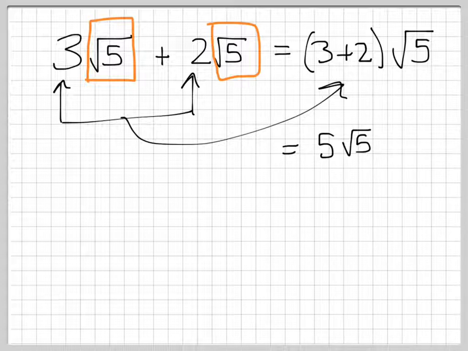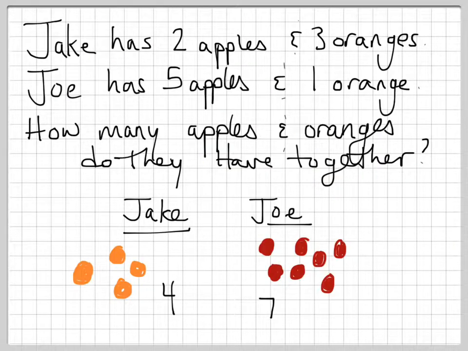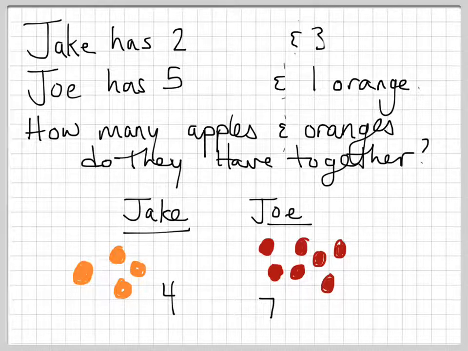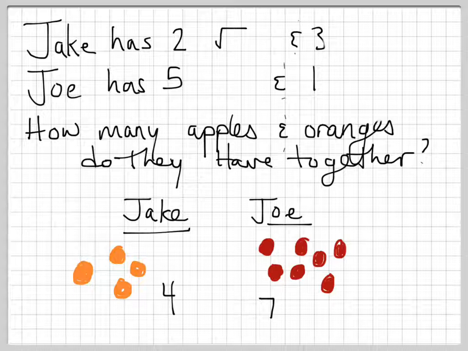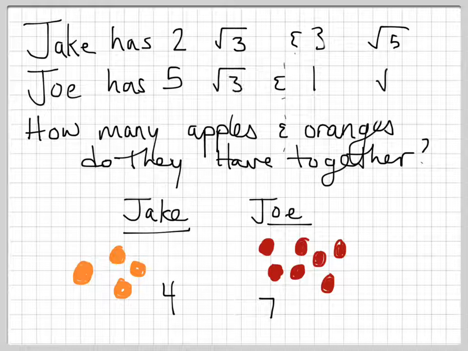right? And this is important because if we go back to our original question here, Jake has 2 apples, 3 oranges, Joe has 5 apples and 1 orange, right? If instead of apples and oranges we had some radicals, suppose Jake has 2 radical 3s and 3 radical 5s, and Joe has 5 radical 3s and 1 radical 5, right?